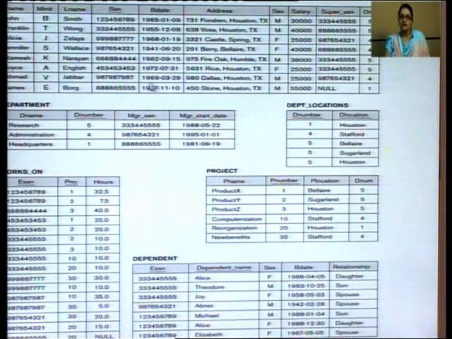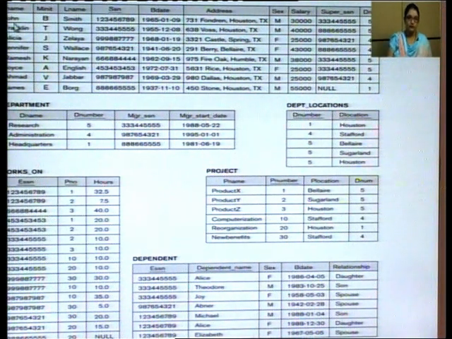And in this diagram, you can see this is the instance of the table. One possible database state for the company relational database schema. This is the employee relation having, at a particular moment of time, different values for its attributes.